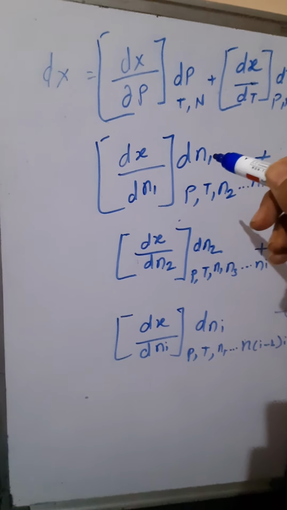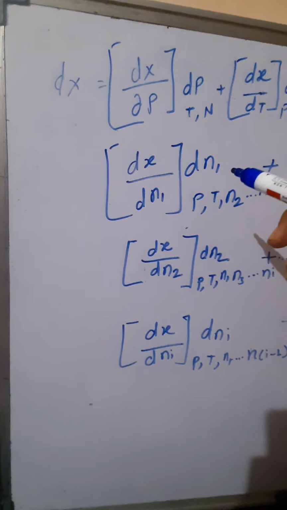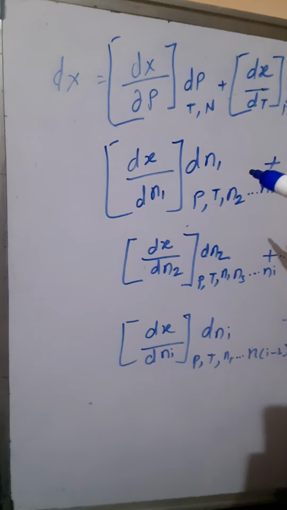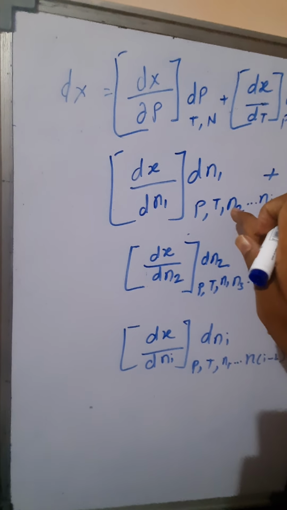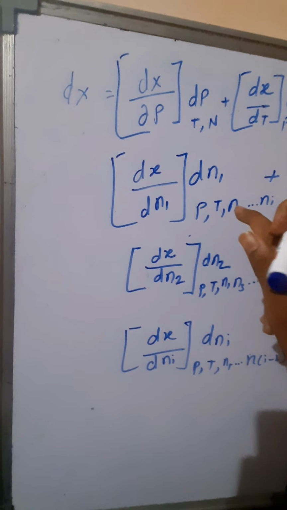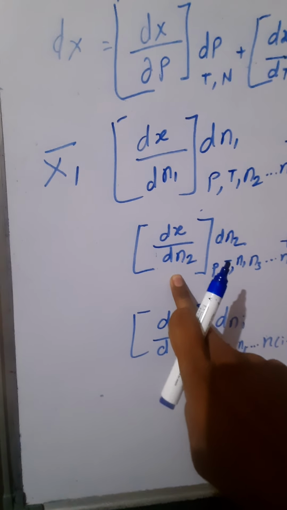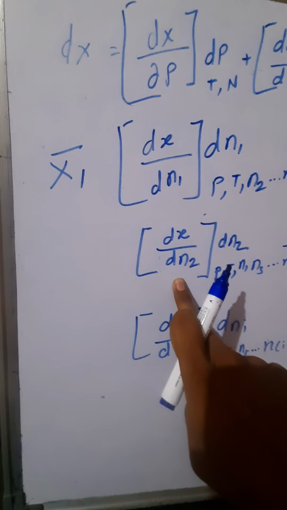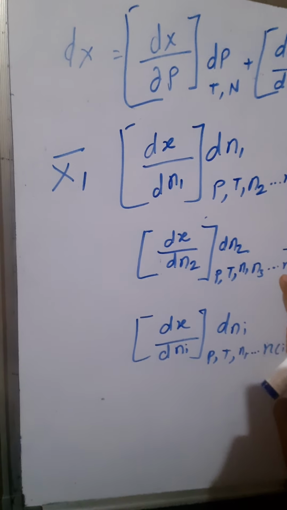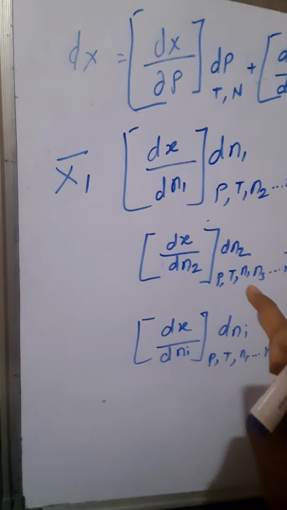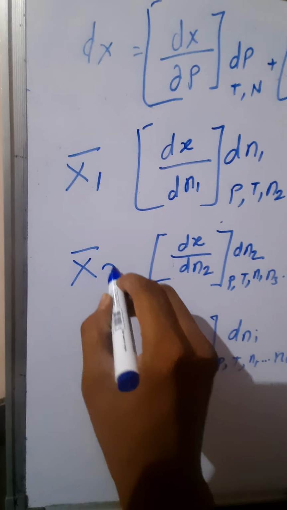The quantity (∂X/∂n1) at constant pressure, temperature, n2 up to ni is called the partial molar property of the first constituent and is denoted by X1 bar. The quantity (∂X/∂n2) at constant pressure, temperature, n1, n3 up to ni is called the partial molar property of the second constituent and is denoted by X2 bar.